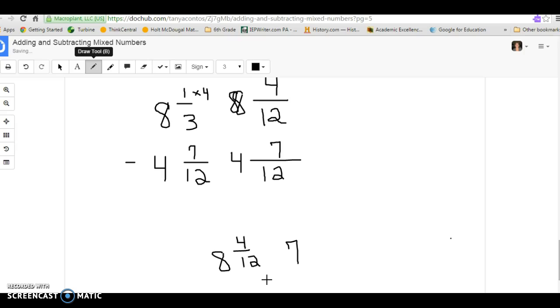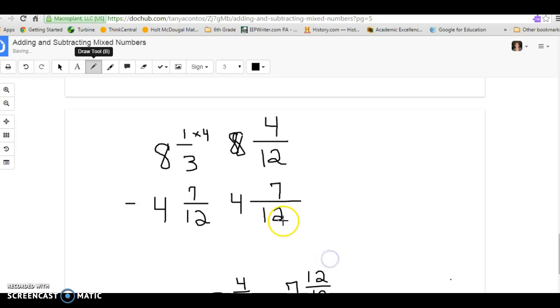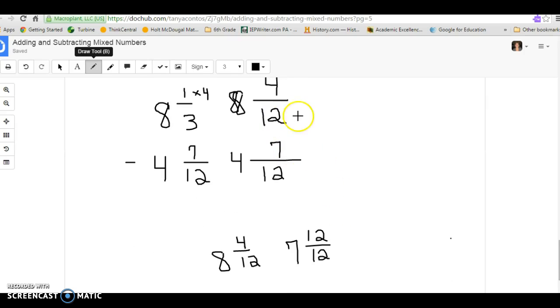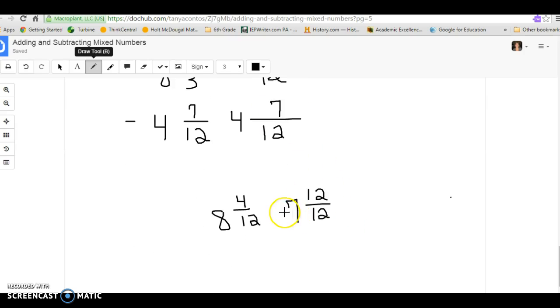Now I'm going to make the one whole that I borrowed from my 8 into 12/12, because my denominator up here is 12, and I want to keep my denominators the same.